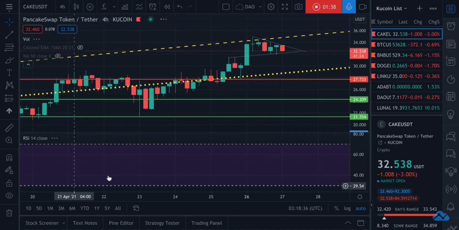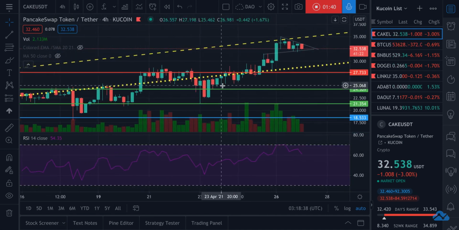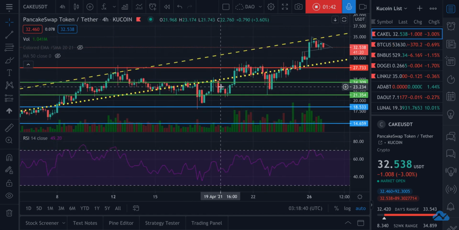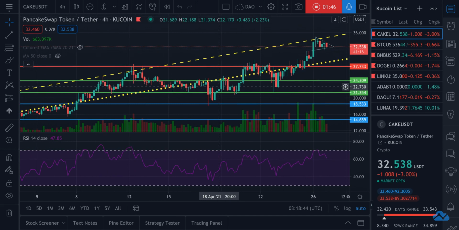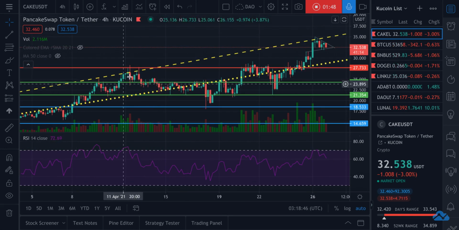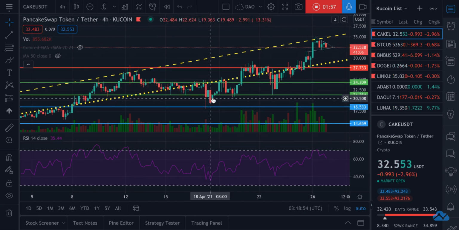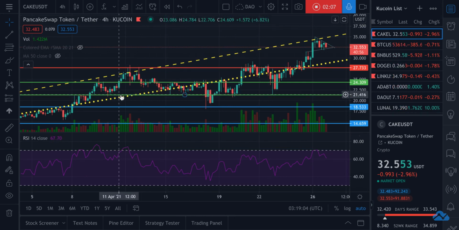So now I want to zoom in a little bit and see a closer picture after looking at the big picture. We were humming along, we started moving sideways, and then the big crash happened and took us down to 18. We recovered really quick and nicely, then came back down, and this 2150 region played super hard support.